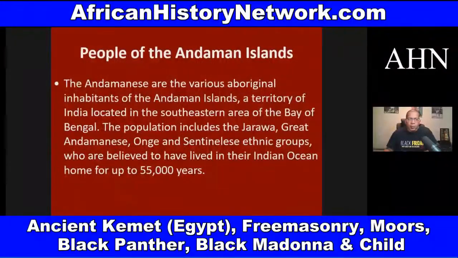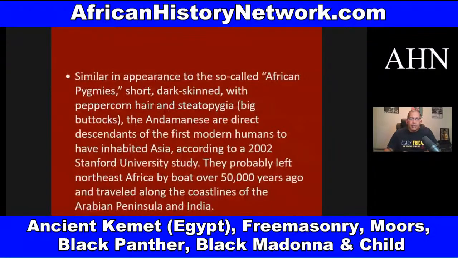We also deal with the Africans on the Andaman Islands, the Jarawa, who are believed to have lived in their Indian Ocean home for up to 55,000 years. They are similar in appearance to the so-called African pygmies: short, dark skin with peppercorn hair and large buttocks, steatopygia.